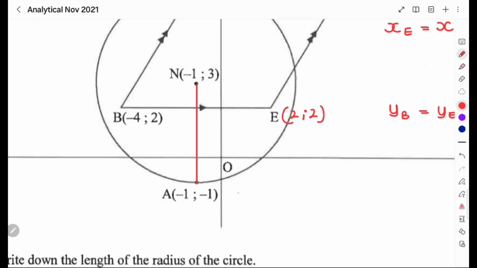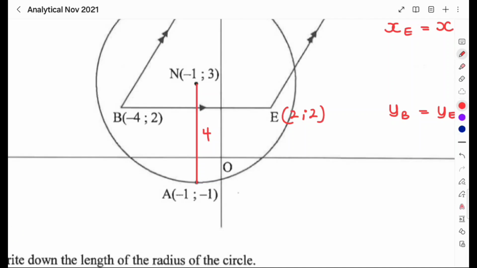Now, if we want to determine the radius of the circle, we are going to use this vertical line. We're going to say the top y value minus the bottom y value. 3 minus negative 1, which then means the radius of the circle is 4 units.